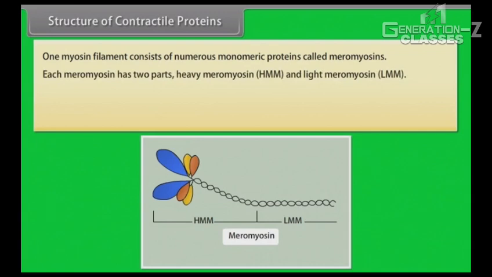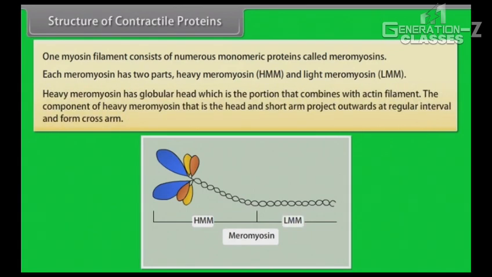Each meromyosin has two parts, heavy meromyosin HMM and light meromyosin LMM. Heavy meromyosin has a globular head, which is the portion that combines with actin filament. The components of heavy meromyosin, that is the head and short arm, project outwards at regular intervals and form the cross arm.